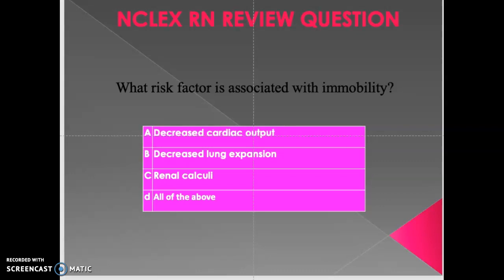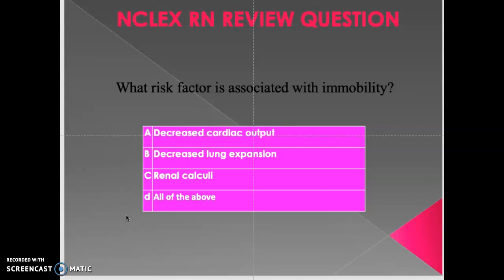What risk factor is associated with immobility? Decreased cardiac output, decreased lung expansion, renal calculi. So the correct answer is all of the above. When patients are bed bound and not moving around, they have a decrease in cardiac output.